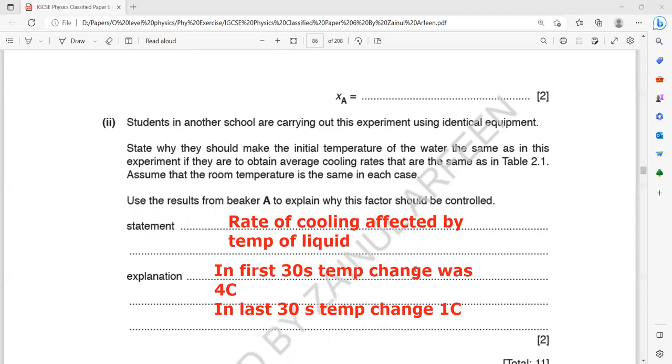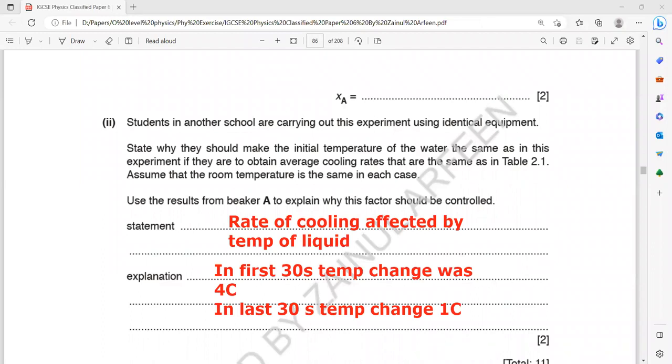Is it clear? The question 4 part E2. Yes, you can also say higher temperature, higher rate of cooling. But look, in the question, usually they ask to use the value from the table.